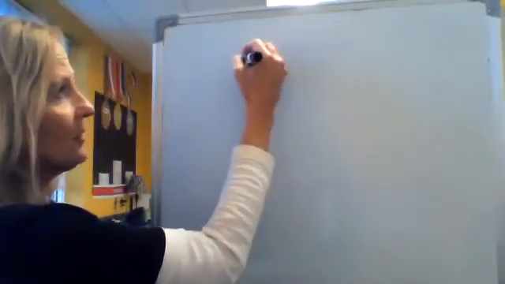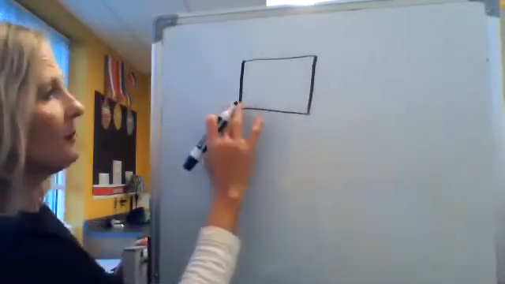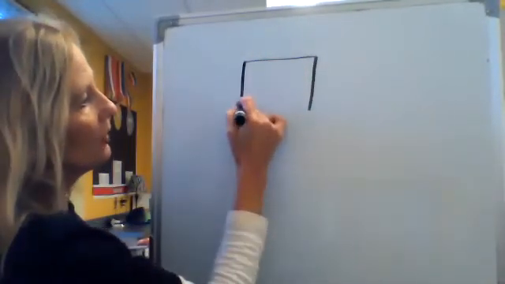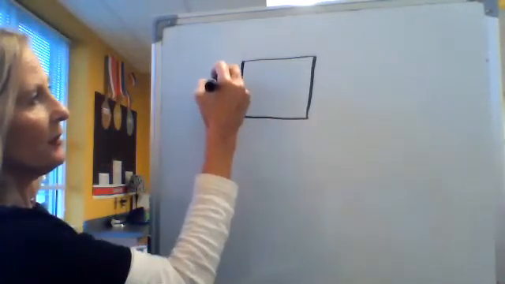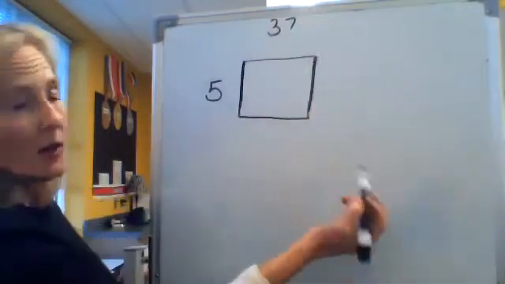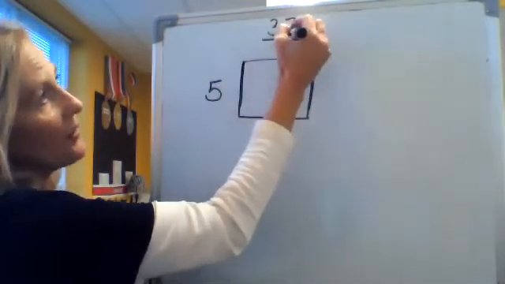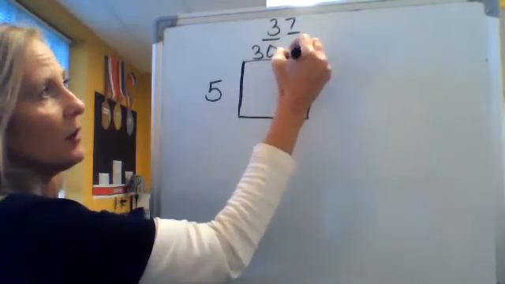Then we learned how to use the same open area model to break down harder, multi-digit number problems and make them a little more simplified. So if it was 5 times 37, say, we could break down 37 into 30 and 7 more.